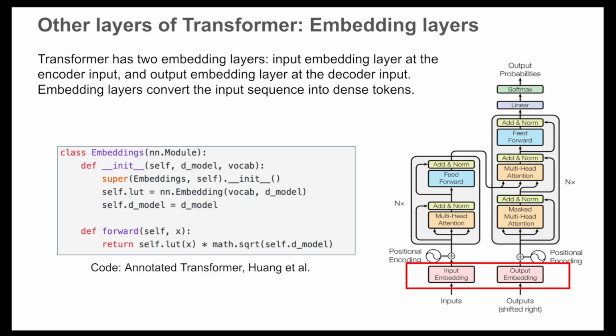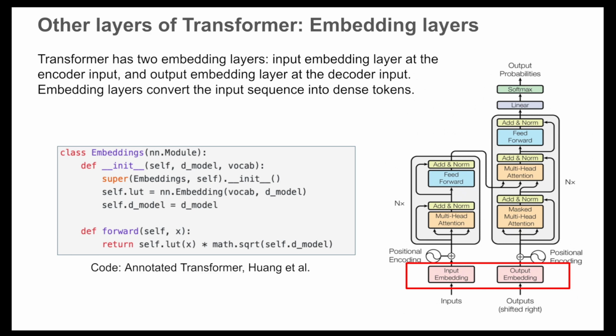Besides attention, which is the main component of the transformer, it has other layers. The first one is the embedding layer, right at the input of the transformer. Embedding layers take the input sequence and convert it into dense tokens. This is a code snippet of embeddings from PyTorch, taken from the Annotated Transformer.